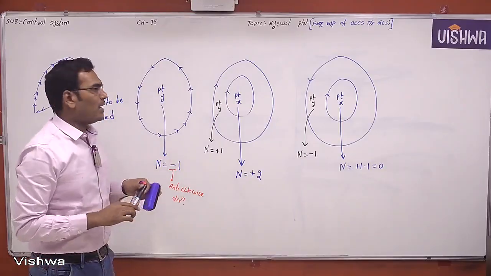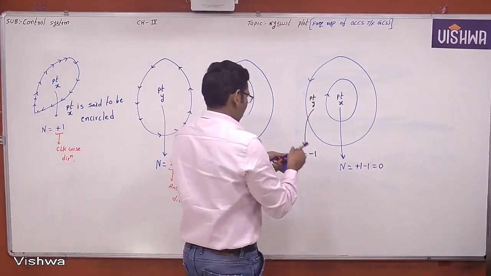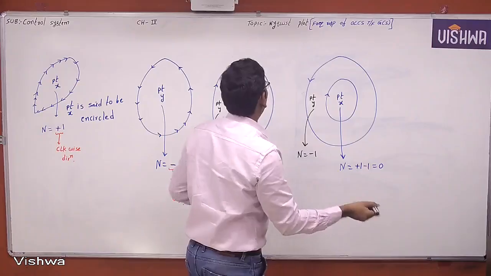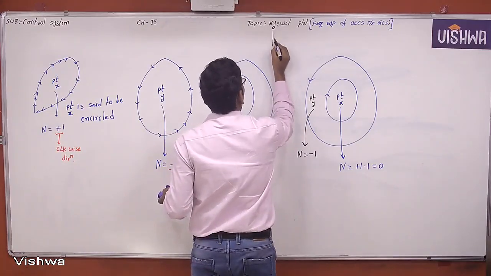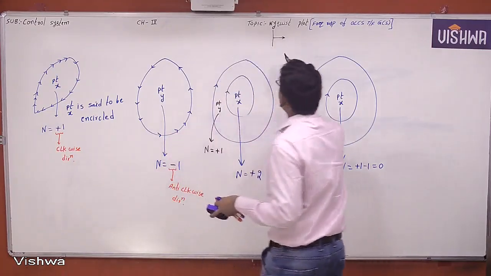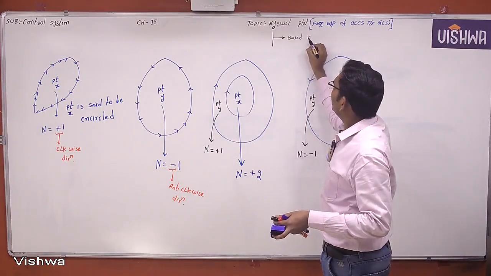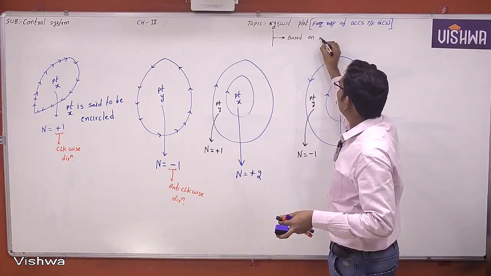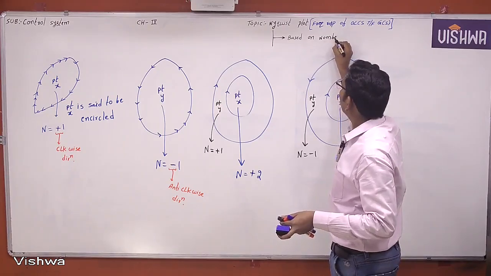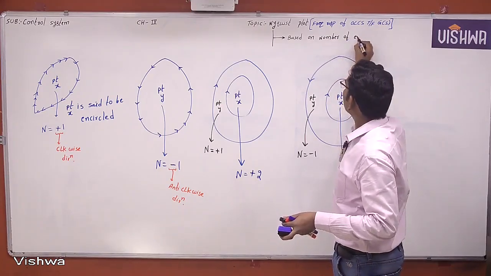The Nyquist plot or Nyquist plot analysis is based on the number of encircles.